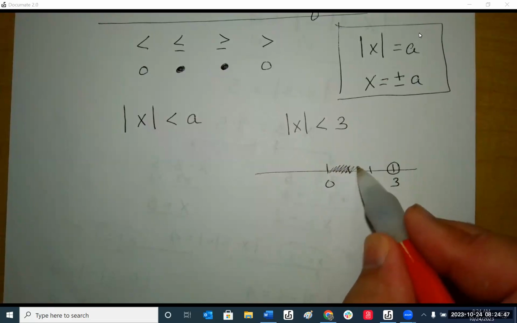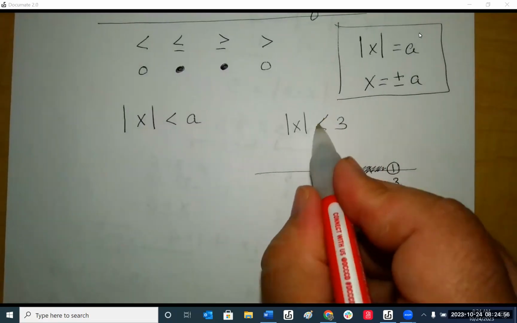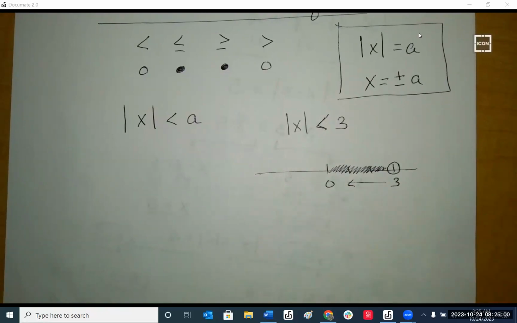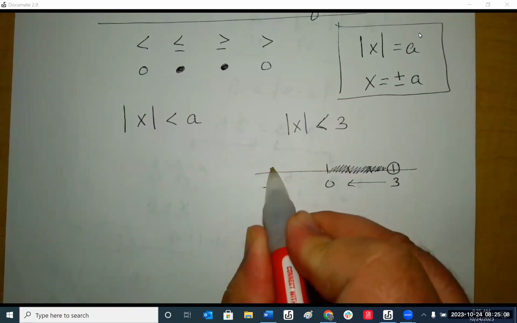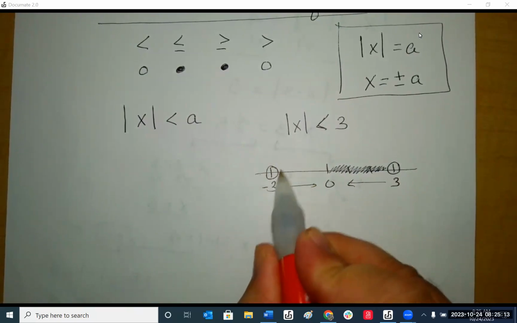So we shade that area down. If it's less than, it's going from 3 down to 0. We do the same thing with the negative side. It's going from -3 to 0.